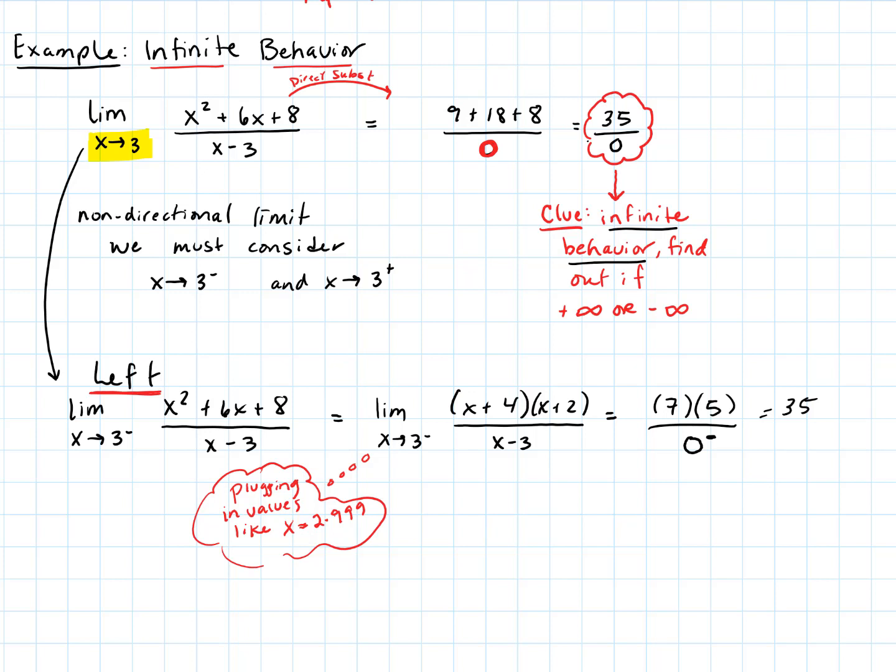If I take 2.99 and subtract 3, I get something like negative 0.001, which is approaching 0. It's getting small, but in a negative way.